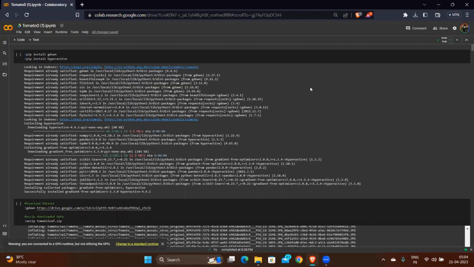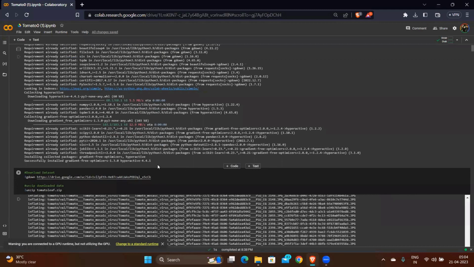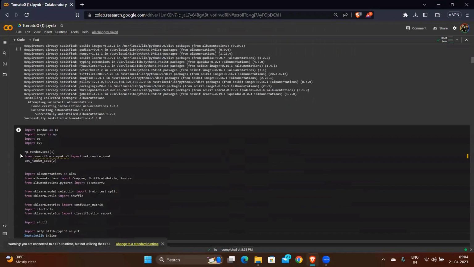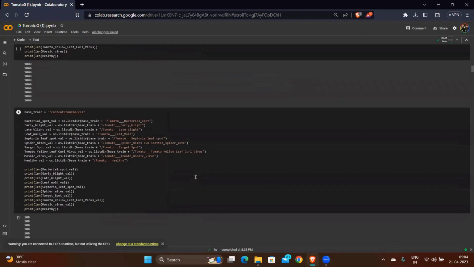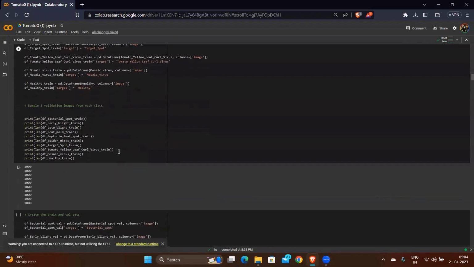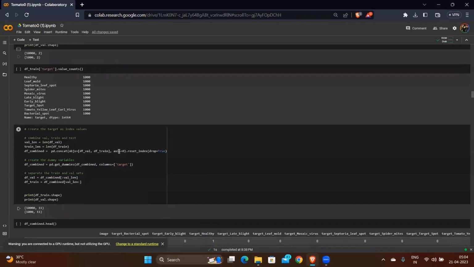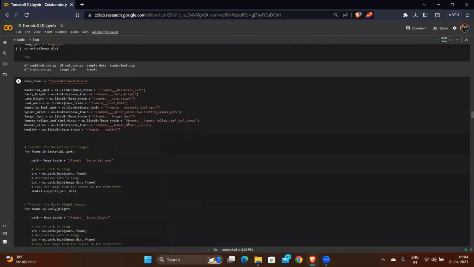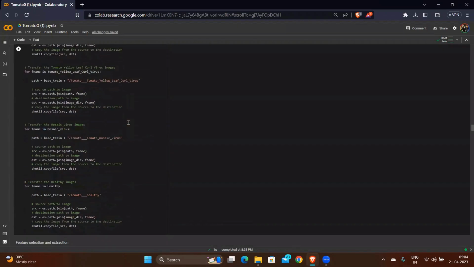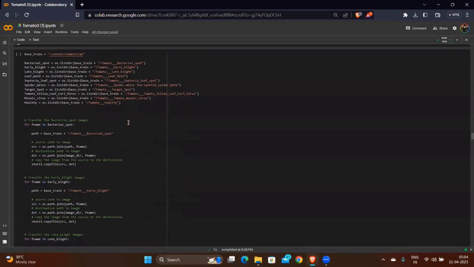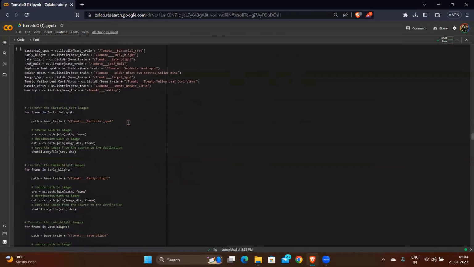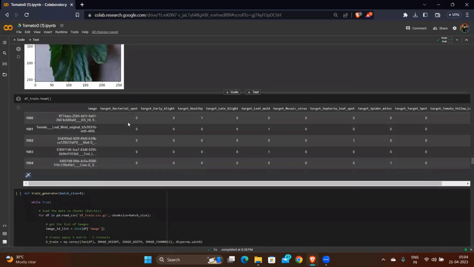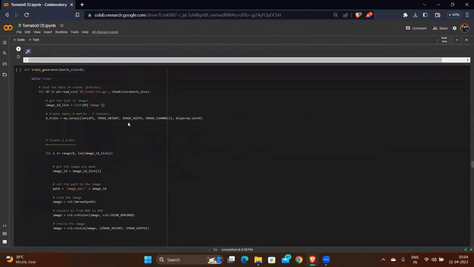which at the start shows how the data set is being downloaded, and this shows the uploading of the data set to the model. Moving on to the feature selection and extraction of the images. And this is the train generator.